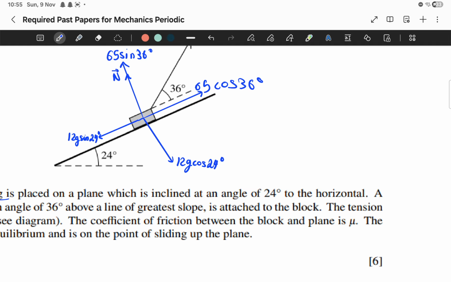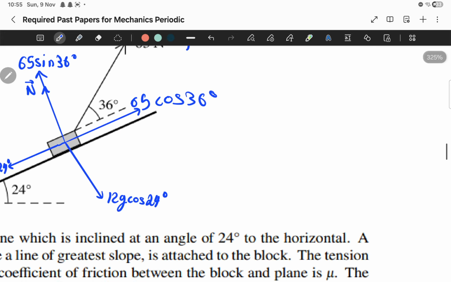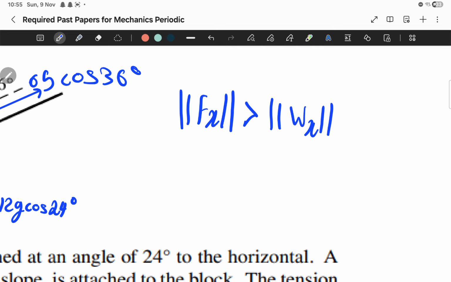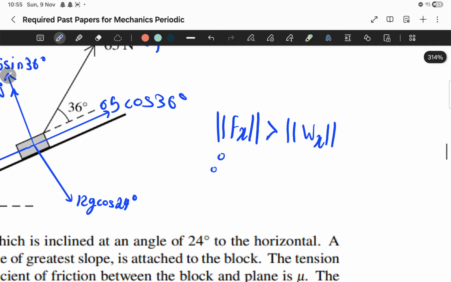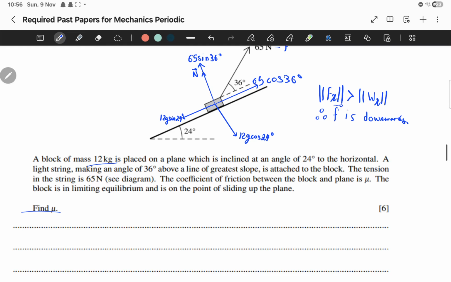So let's call this force F, big F. The magnitude of Fx is greater than the magnitude of the x component of the weight. So friction is downward. It's gonna act opposite to the net direction of the net force. Anyway, you don't even need to resolve it like that, because does it say it's moving upwards? I think it does.